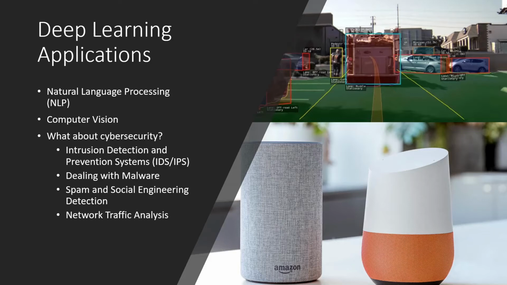The example I told you about is how we use machine learning to learn about how malware works and its structure. We also have spam and social engineering detection. That's a typical example. You can use deep learning or any kind of AI to detect if an email is spam or not, which Google does already.